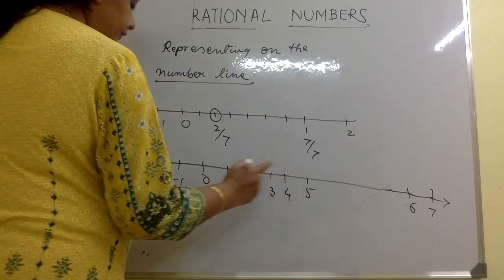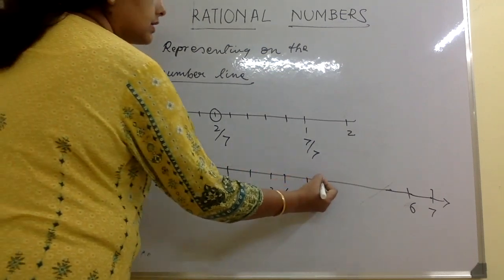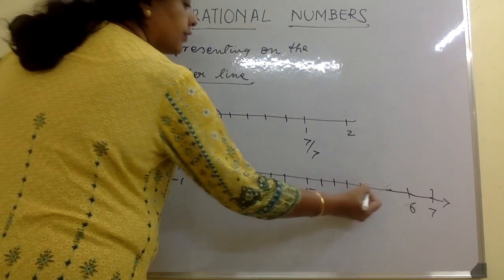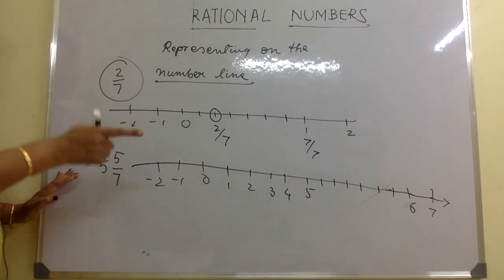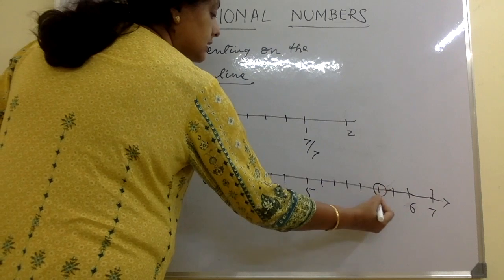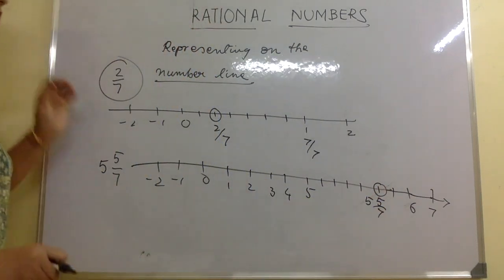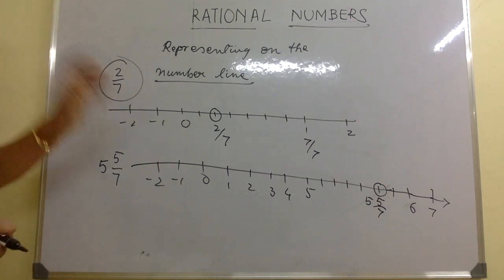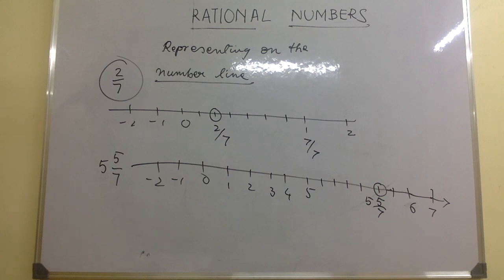So if we are cutting into 7 parts, then 6 lines, 1, 2, 3, 4, 5 and 6, that has cut it into 7 parts. Out of that, the fifth one, 1, 2, 3, 4, 5. This is 5 by 7. Okay, so you should not get confused if it is a mixed fraction. This is what it is, 5 by 7.